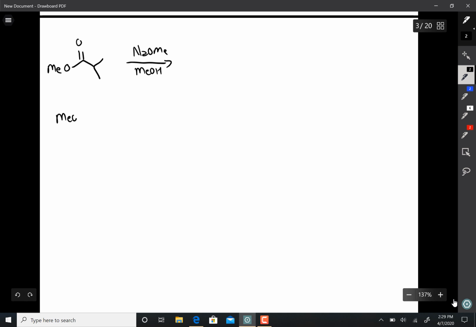So let's do the mechanism of, say, this self-condensation reaction between this molecule right here and sodium methoxide and methanol. Well, if we were to do this reaction, start off first by deprotonating, forming the enolate.